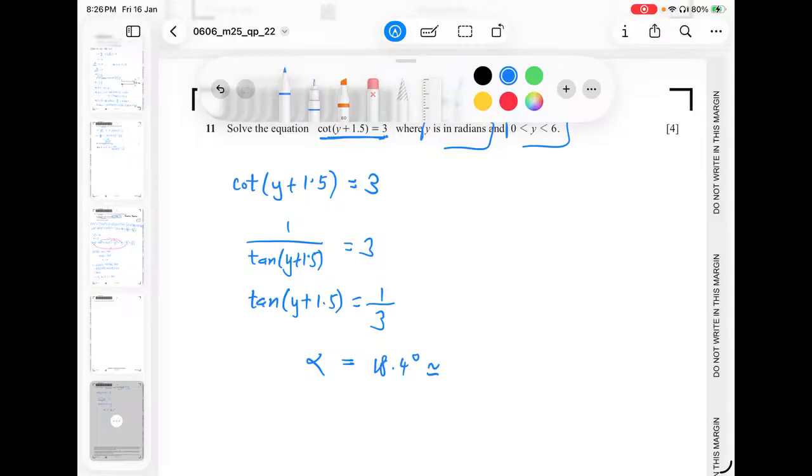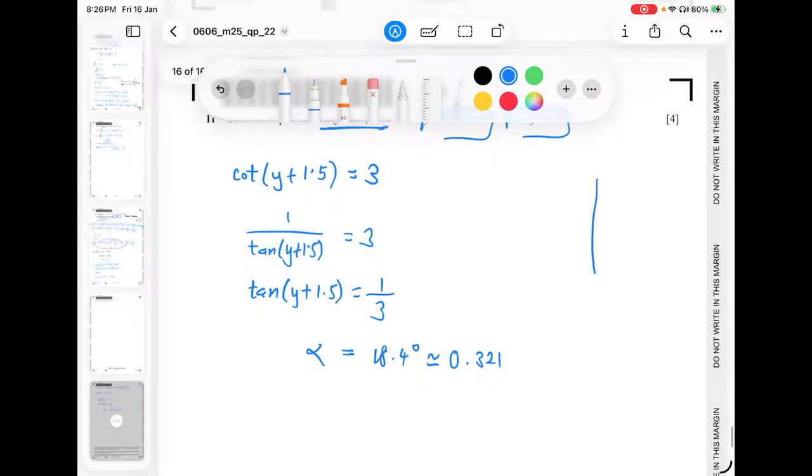You can write it in radians by multiplying by pi by 180, and you will get 0.321. From there you need to know that in the four quadrant rule, tan is positive in quadrant 1 and 3.